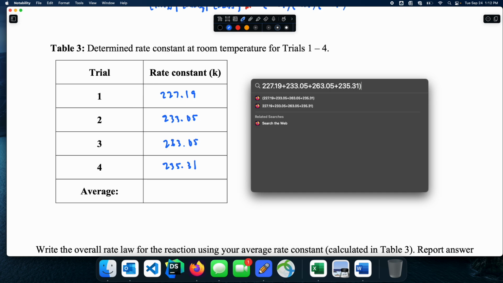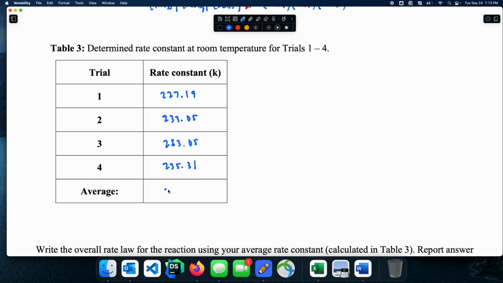Let's put these in parentheses and divide by 4. That gives 239.65. Just beautiful.